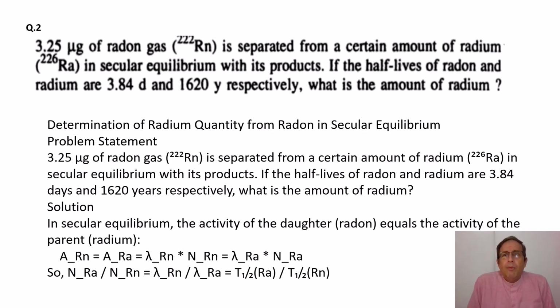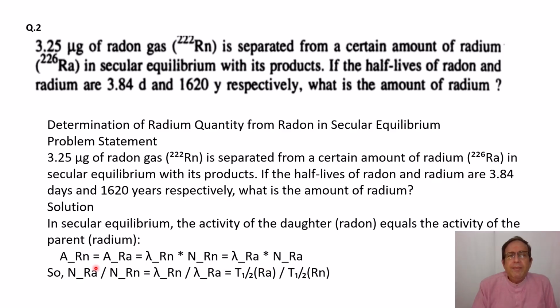So what is the amount of radium at the point when the secular equilibrium is established? Simply, the activity of radon would be equal to the activity of radium under secular equilibrium. The activity of radon is equal to lambda, the decay constant of radon, multiplied by the number of atoms of radon.